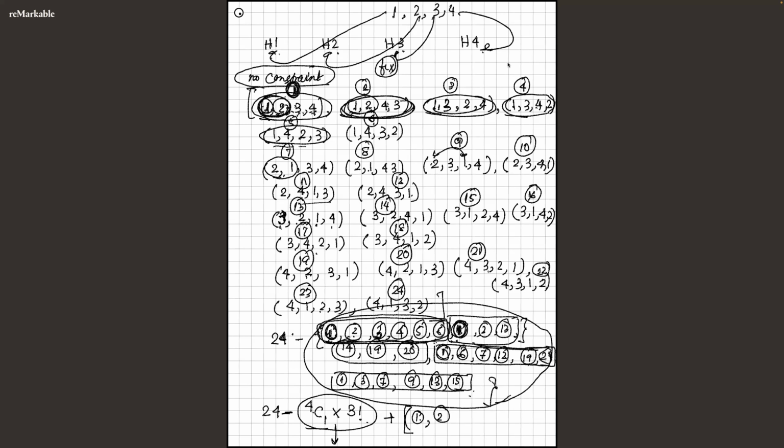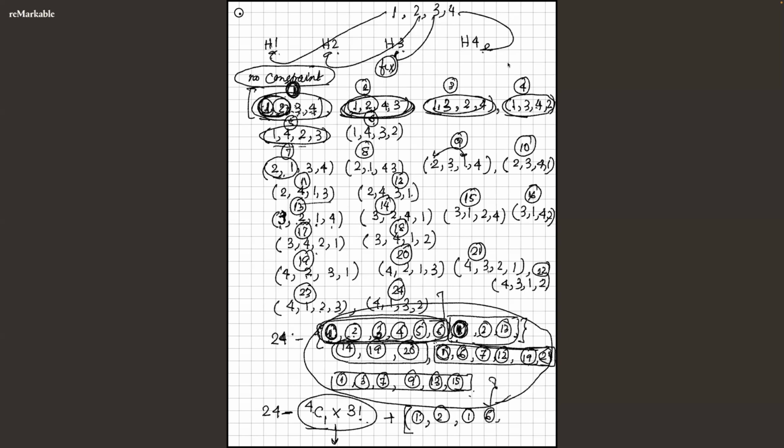Now let's think of A and C. That means 1 and 3 in their desired position. What are the 3 and 4? 1 and 6. Very good.